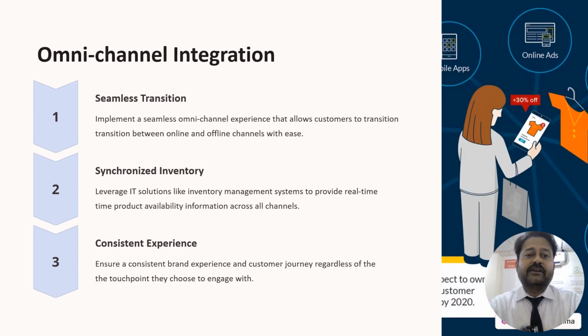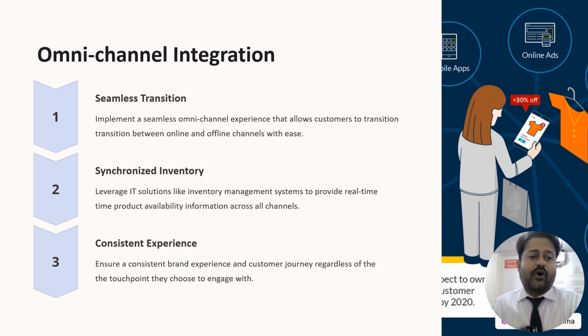And omni-channel integration is very important, because we have presence in both offline and online channels. So in order to create some sort of brand differentiation, you can have an omni-channel integration where people can buy some product from the offline channel and return it through the online channel. They can buy it in the online channel, and they can come to your offline store for any alteration work.